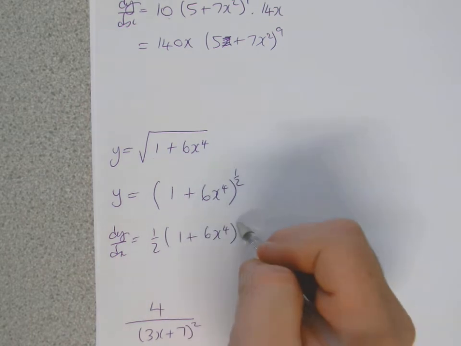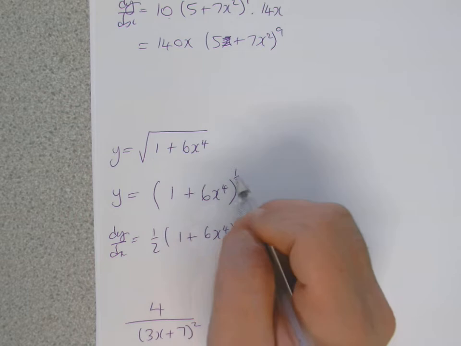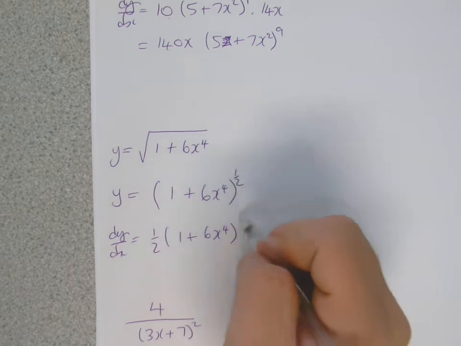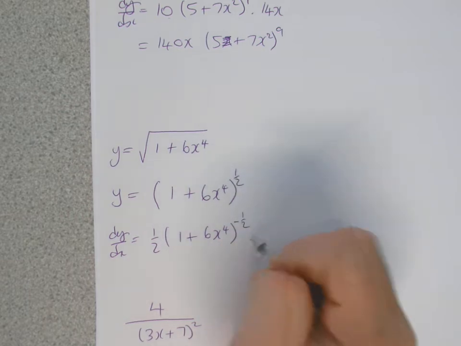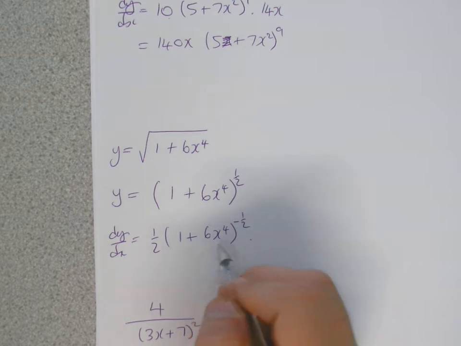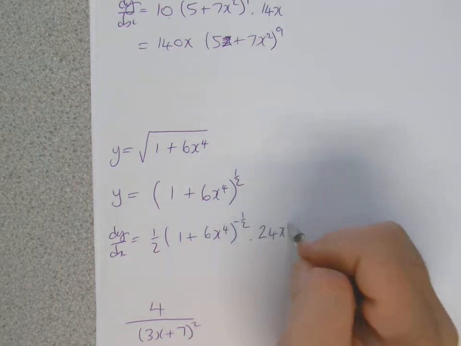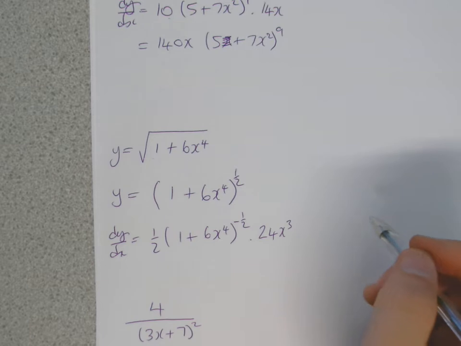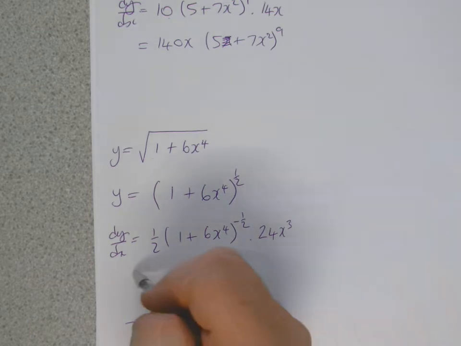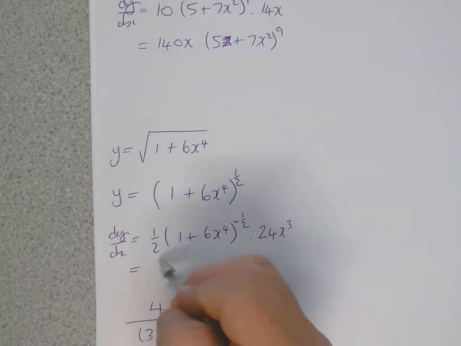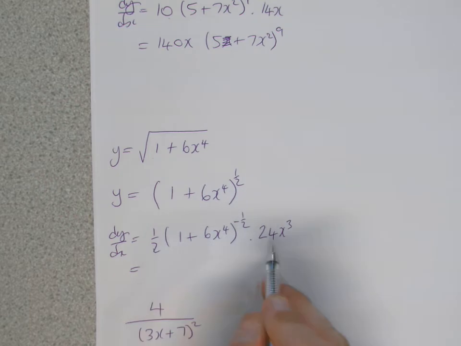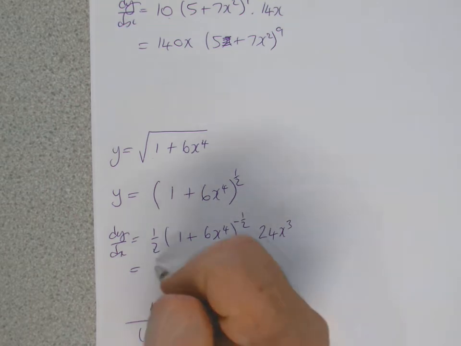Now, when you bring the half down, you've got to reduce that power by 1, so half take away 1 is minus a half, and then times it by the derivative in here, which is 24x cubed, okay? And then to simplify, what we do is we write that as, well, half times 24 is 12, isn't it?